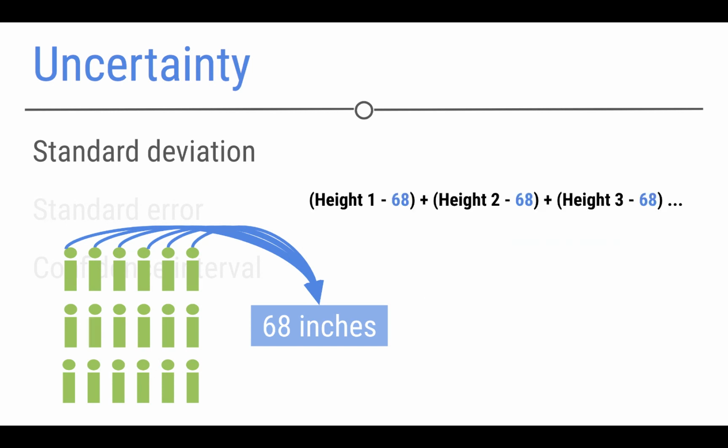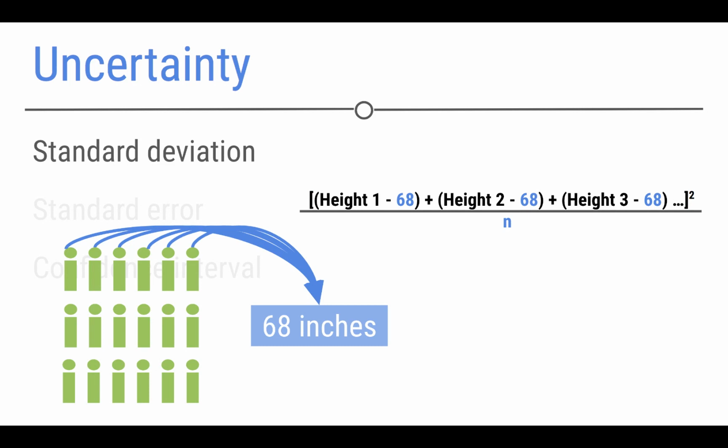The actual calculation of standard deviation is achieved by subtracting the average height, in this case 68 inches, from each of the measured heights for each participant in the sample. Then we square those differences and add them up, and we divide that by the total number in the sample.